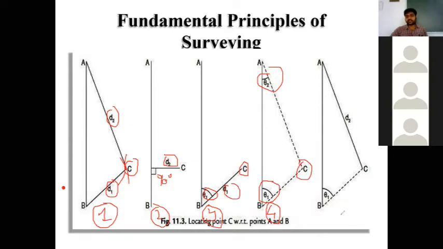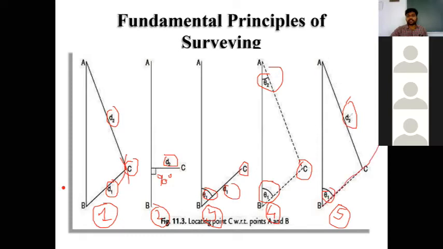Next, the fifth case. In the fifth case, again you have the AB reference points, and θ1 is given, D2 is given. Angle ABC, you're going to make a line here.